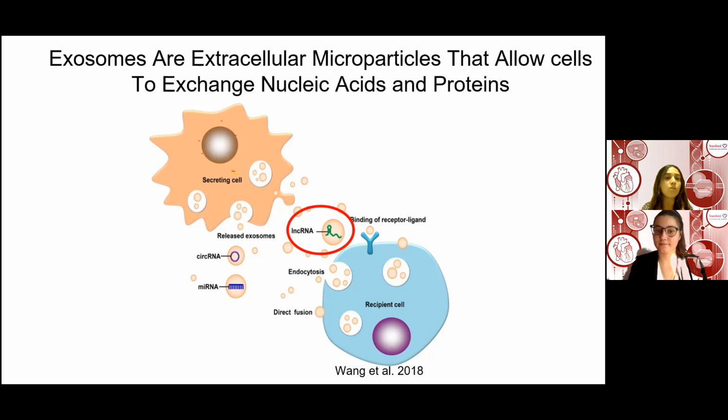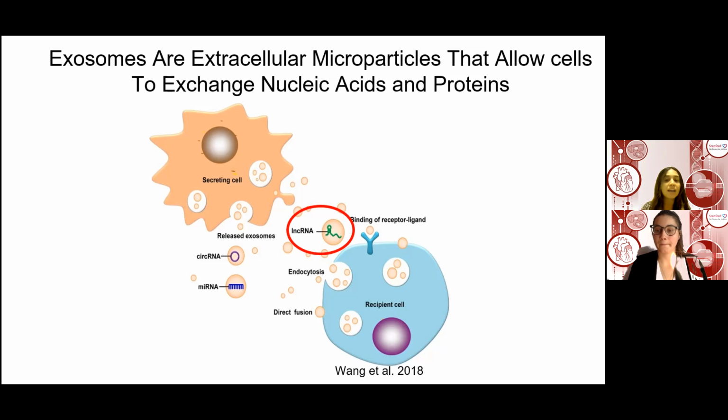These long non-coding RNAs, also called lncRNAs, are a category of RNAs that are longer than 200 nucleotides in length and do not have coding potential, but they can help in gene regulation by mediating gene expression. In normal situations, these lncRNAs are degraded fairly quickly, but in abnormal situations, as in the case of PAH, this lncRNA expression is stabilized, allowing them to play a modulatory role within the cell.